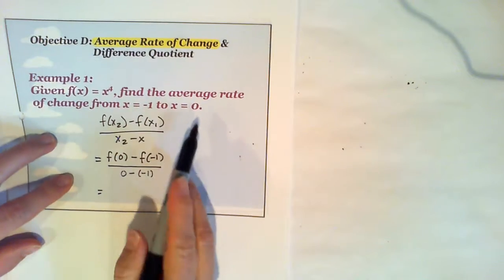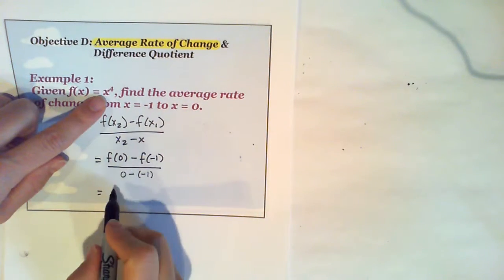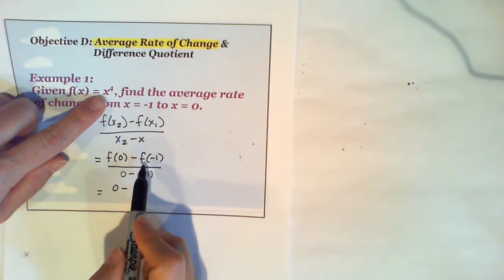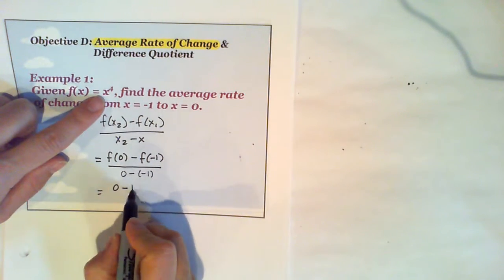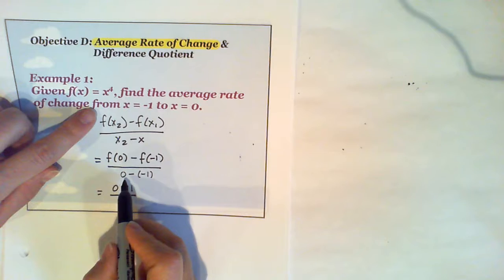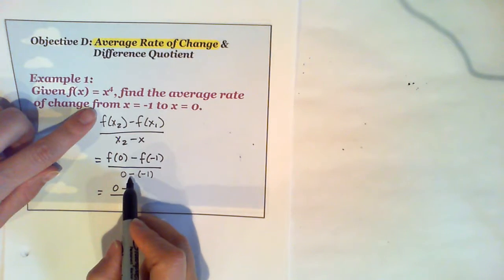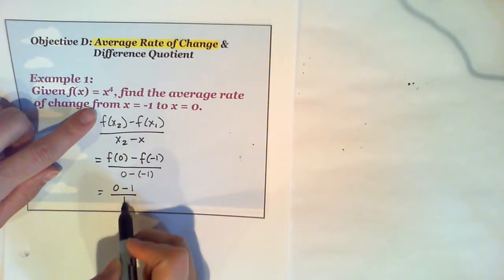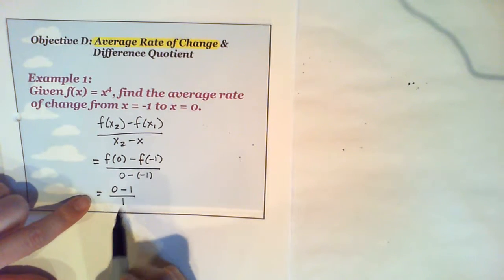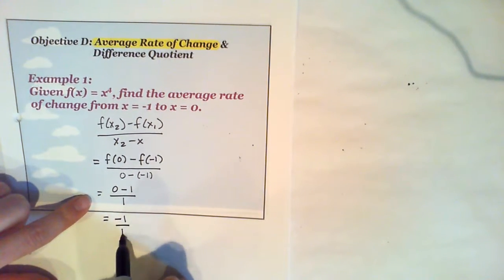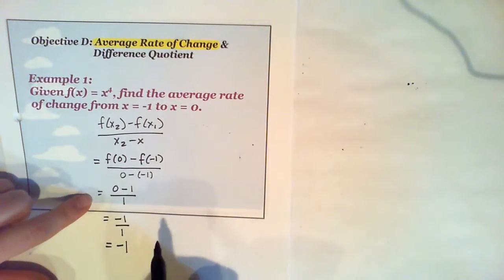So if I plug 0 into the function, 0 to the fourth is 0. And f of -1, so -1 to the fourth power is 1. The denominator, 0 minus -1 is really +1, so that's over 1. So if I simplify further, I've got -1 over 1, which is just -1.